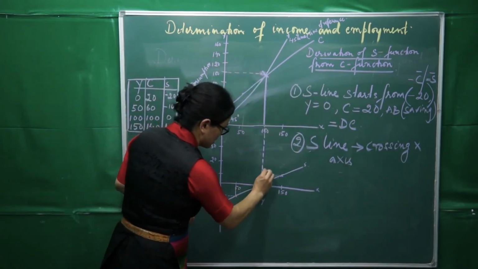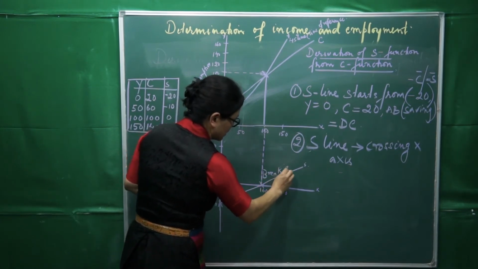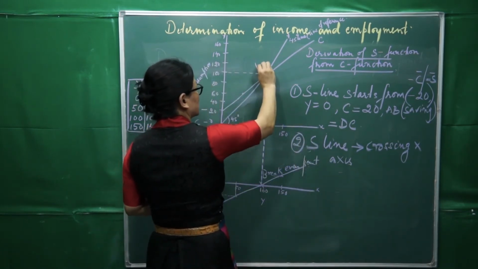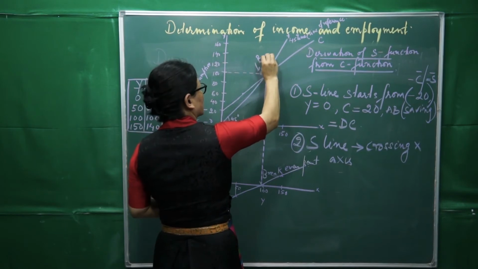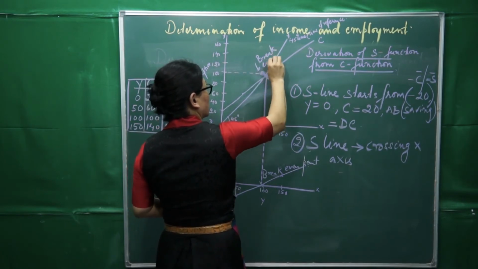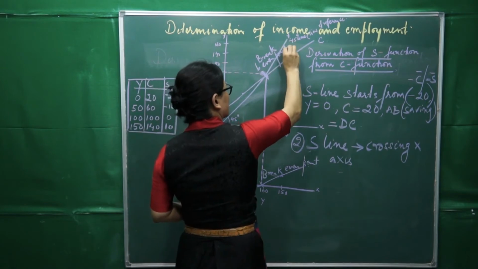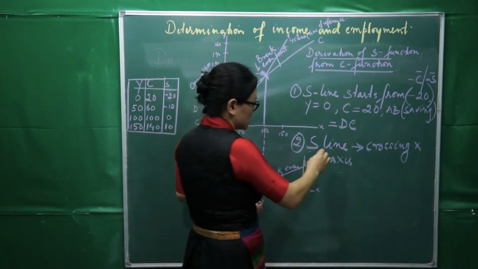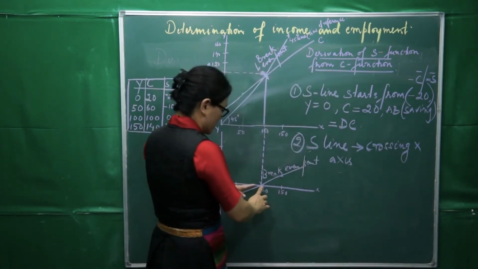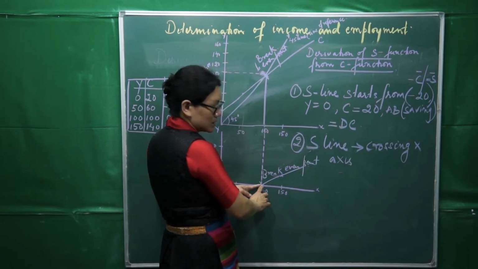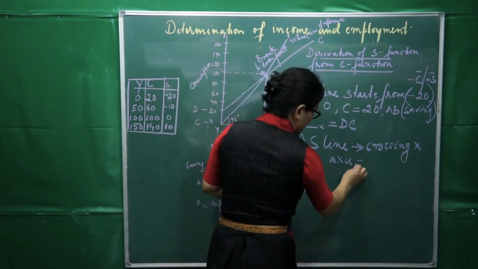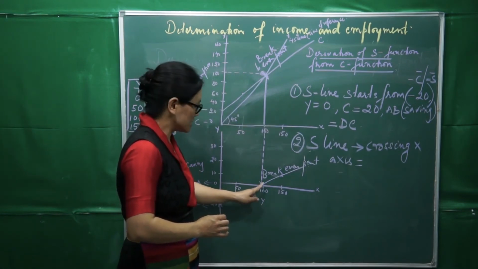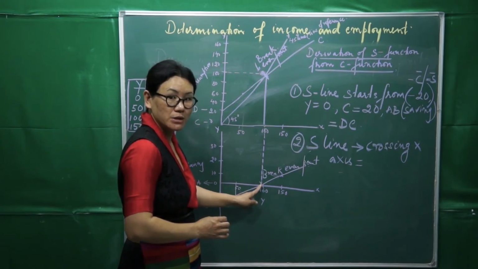I said this one is the break-even point. What is happening here? The saving line crosses the x-axis from this point, the break-even point.